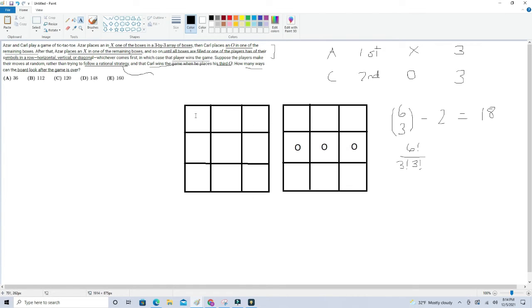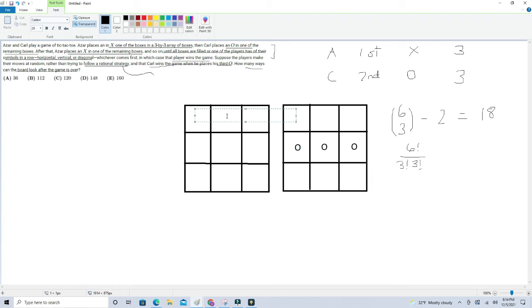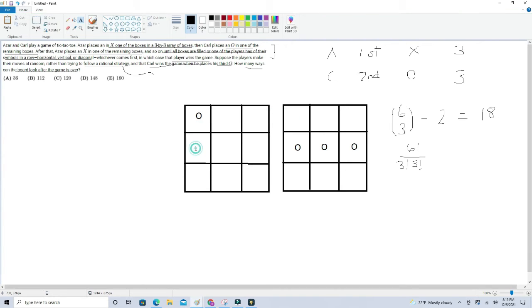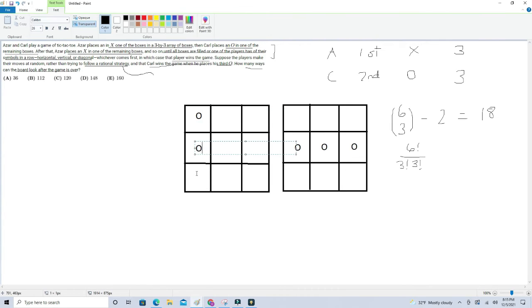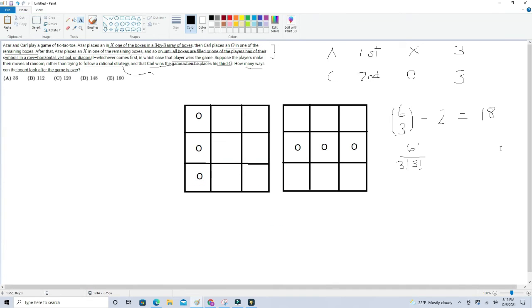Let's just say I do the exact same thing, put 3 in a row across the first vertical column, like this. Then we see literally the same counting problem arise again.